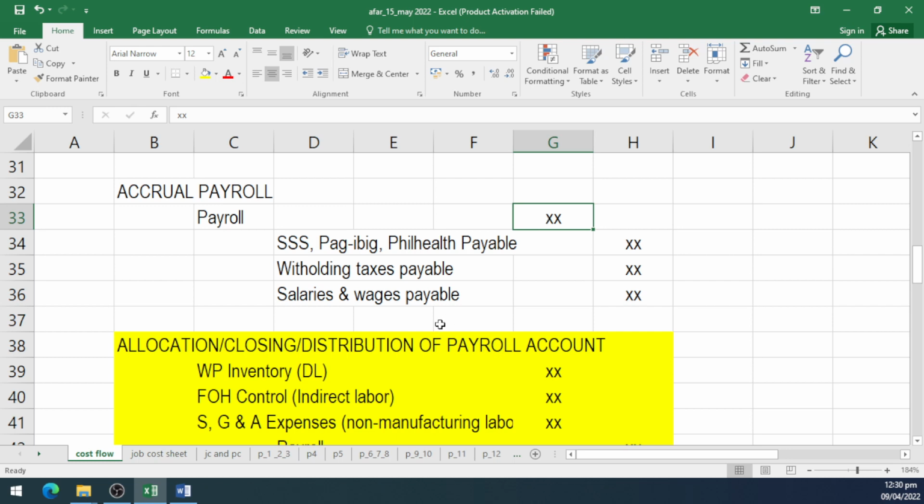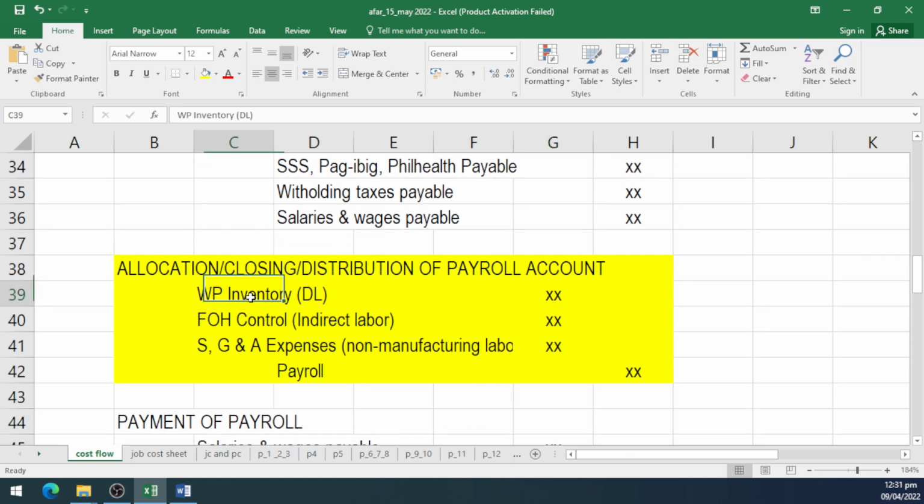Pag kumpleto na yung mga attachments or supporting documents for our analysis, yun pong payroll control account that was initially debited, that will be closed or allocated or distributed to the appropriate accounts. Pag na-determine na kung magkano ang direct labor, in the case of job order costing, you're going to wait for the submission of the job time tickets from the production department.